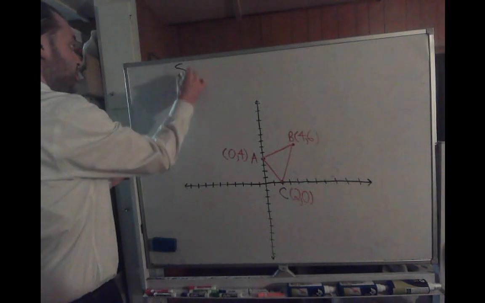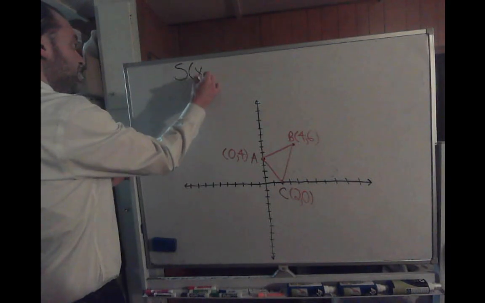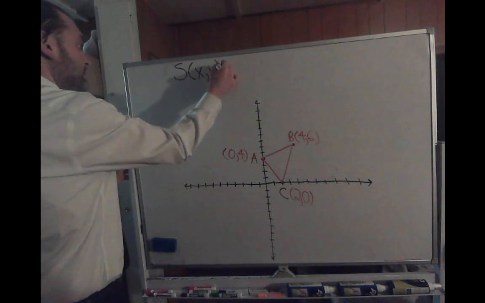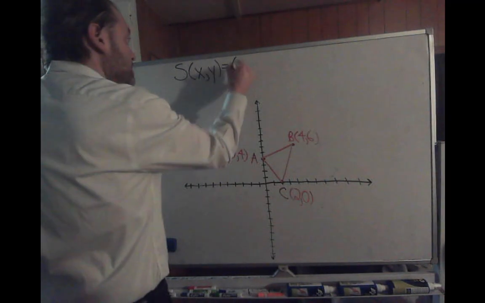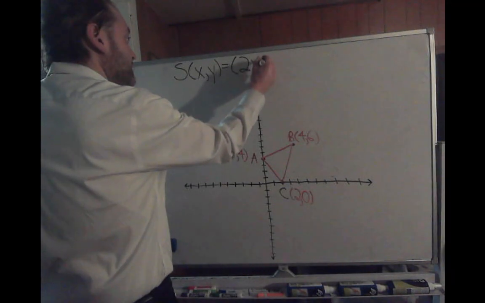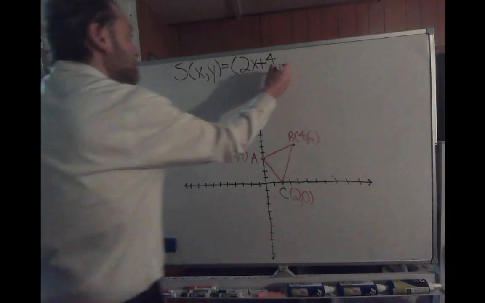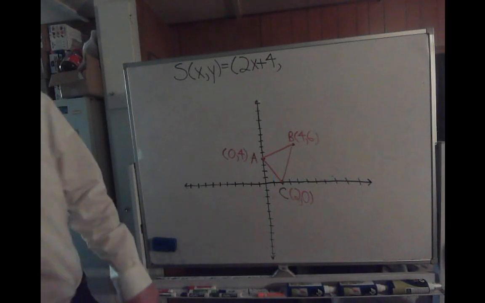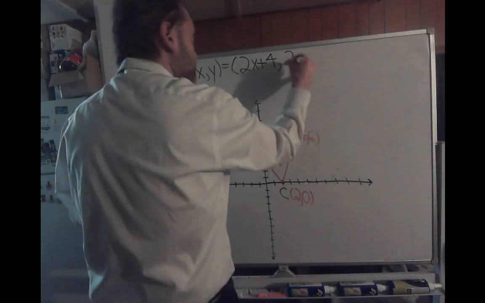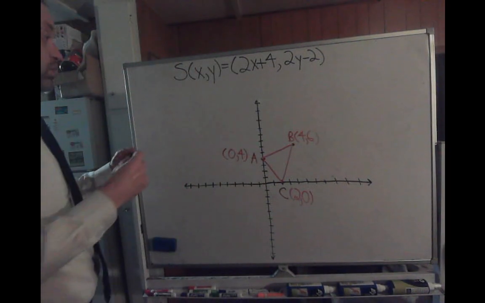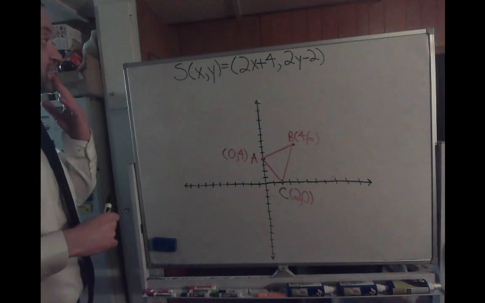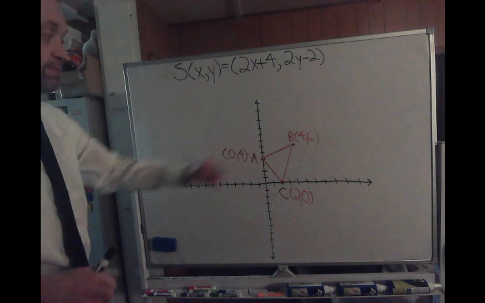We have transformation S of xy is equal to 2x plus 4 for the x part, and then 2y minus 2 for the y part. So we need to find the image of each of these points.